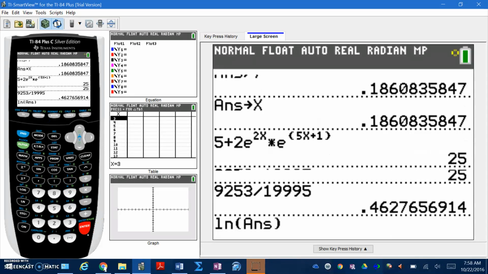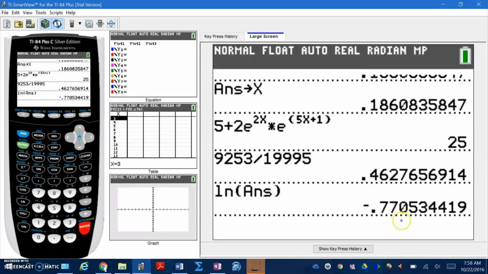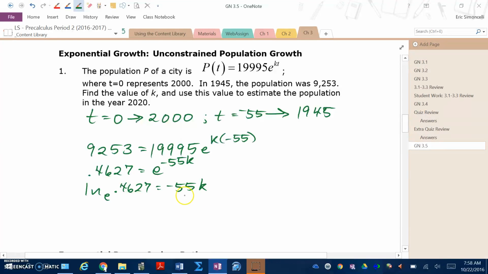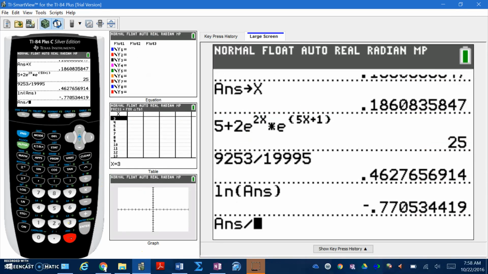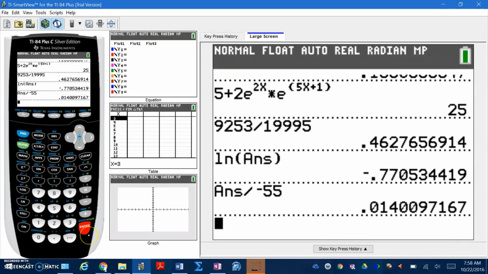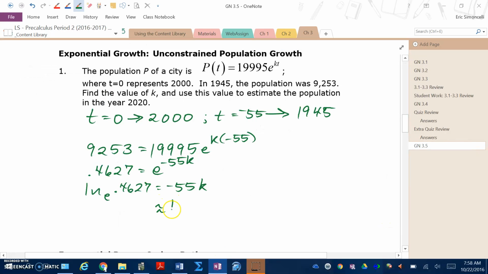So the natural log of 0.4627 and so on is negative 0.7705. Then I'll take that decimal and divide it by negative 55. And this is my k value. So k, as you can see, is 0.014. That's the value that essentially speaks to the rate.